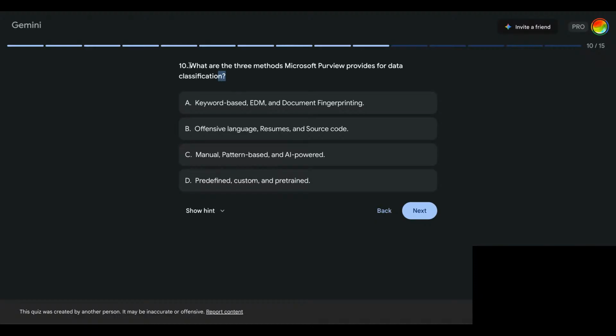Okay. What are the three methods Microsoft Purview provides for data classification? So what are the three methods that Microsoft Purview uses for data classification? You should know the answer to this one.